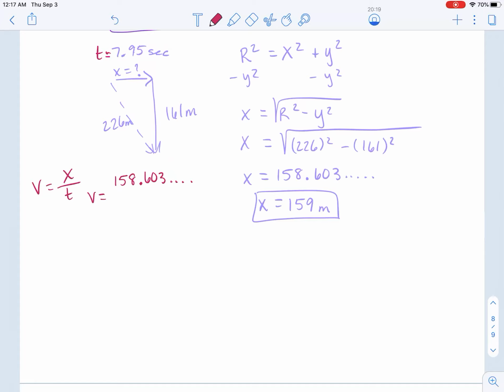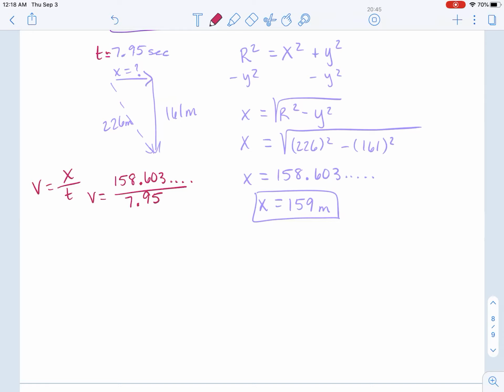So your calculator should have an answer button. I would like for you to utilize that answer button. I do not want you retyping, and I do not want you using the rounded answer of 159. We need to use the 158.60 and all those other digits, okay? Divided by the time that they gave us, 7.95 seconds.